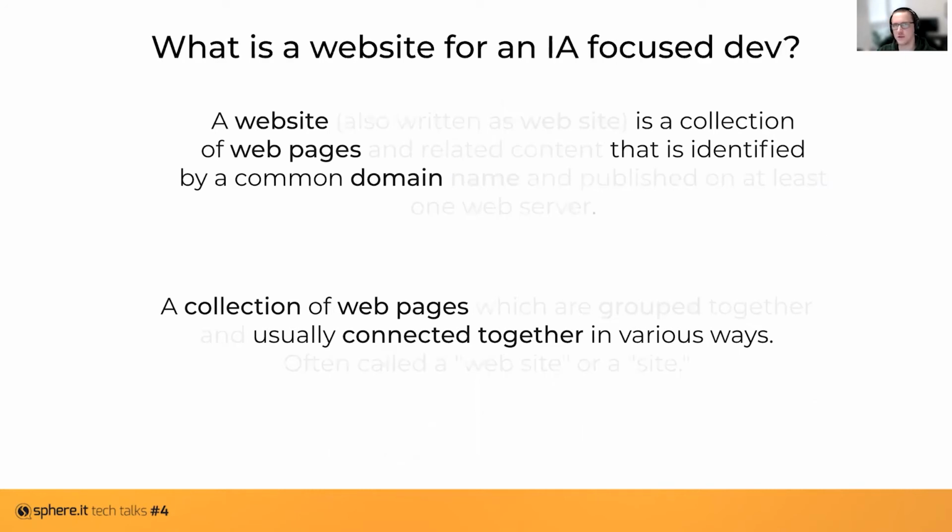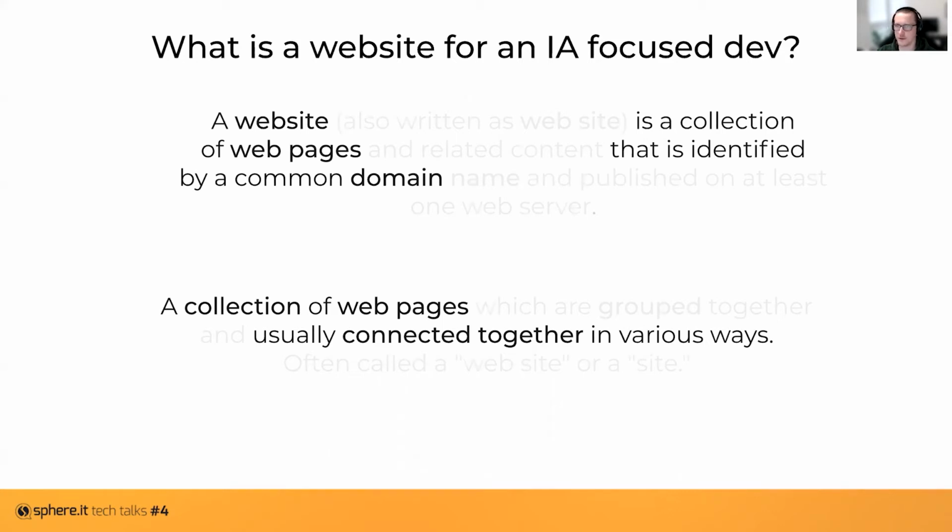But what is a website for an IA-focused developer? A website is a collection of web pages that is identified by a common domain. And the second definition would be that a website is a collection of web pages usually connected together in various ways.